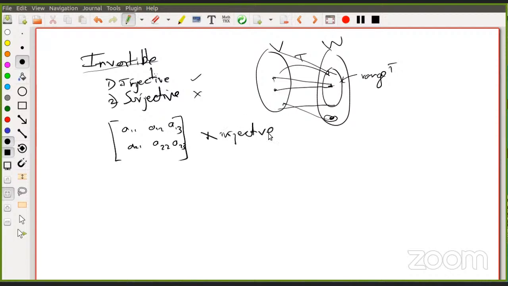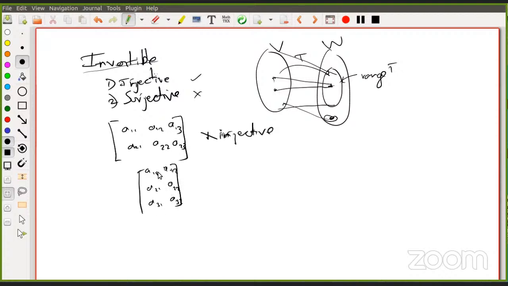And in the case where it's a tall matrix, the range of this matrix is basically the column space of this matrix.